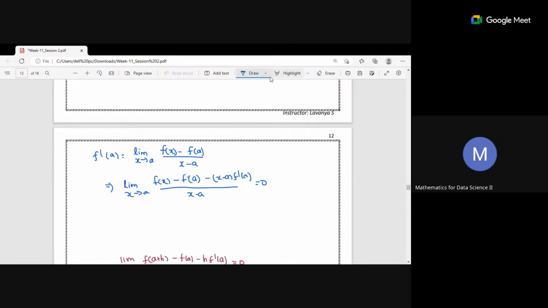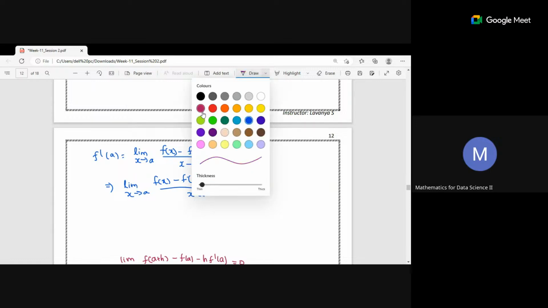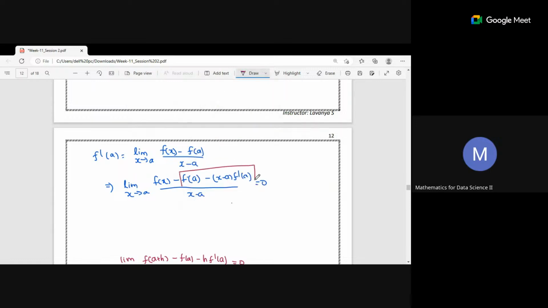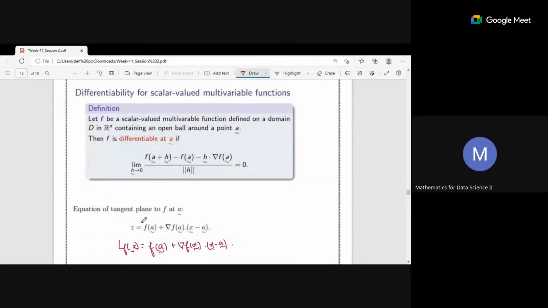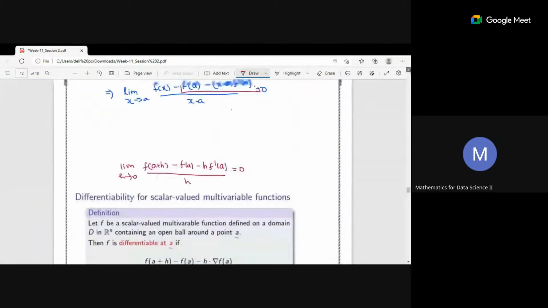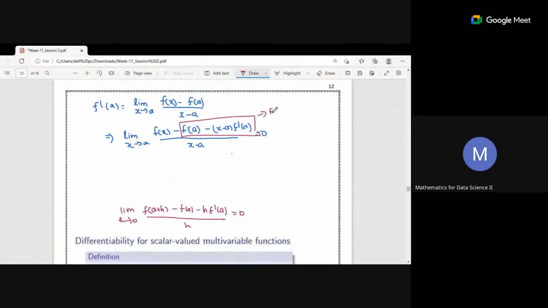Now you see this part, what is this part representing? It is the equation of the tangent line, or the linear approximation of f at a.